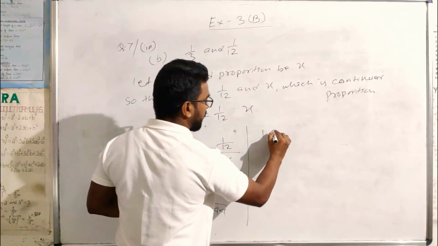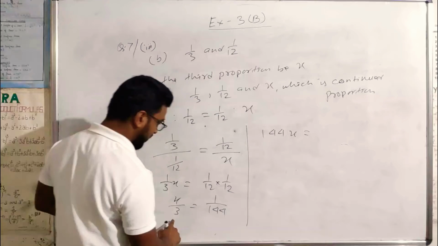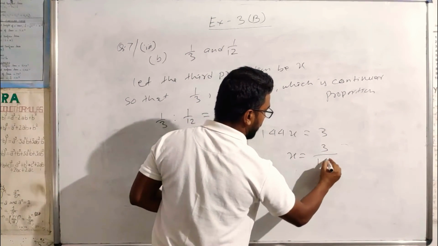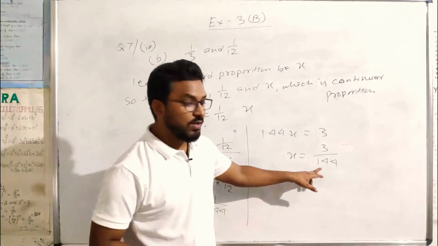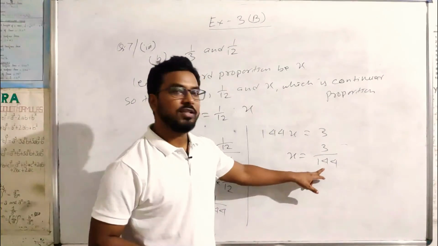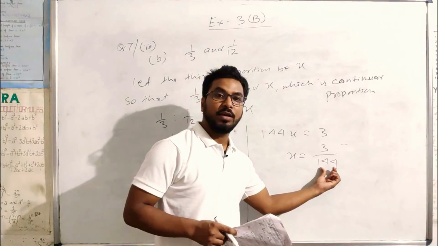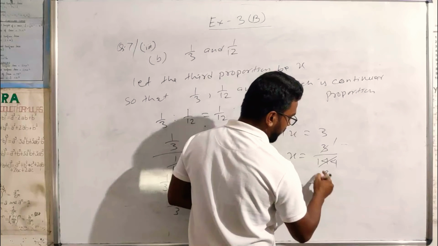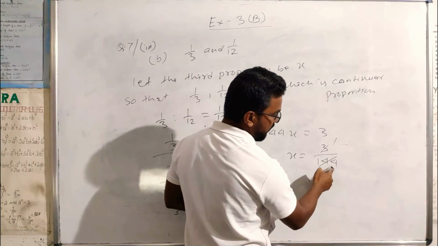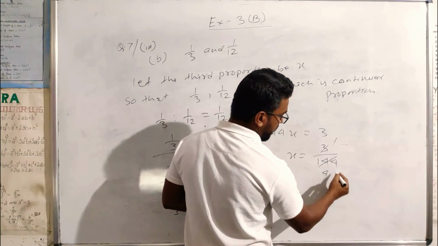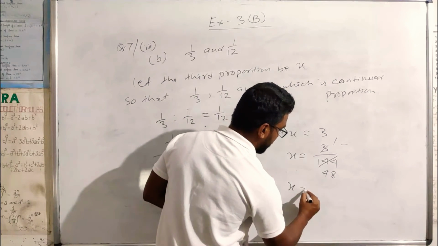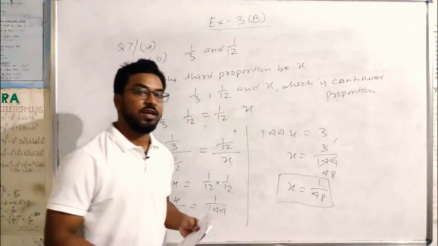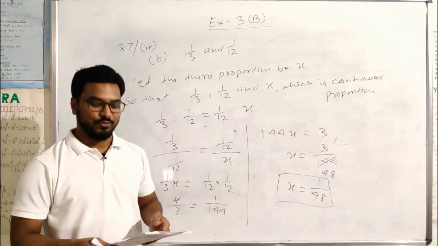This will be 144x and this will be 3 into 1 is 3. So x will become 3 by 144. Now can you cancel this? Yes, we can cancel. So this can be divided by 3. 3 1s are 3, 3 4s are 12, 3 8s are 24. So x is 1 by 48. Okay. So the third proportion is 1 by 48.